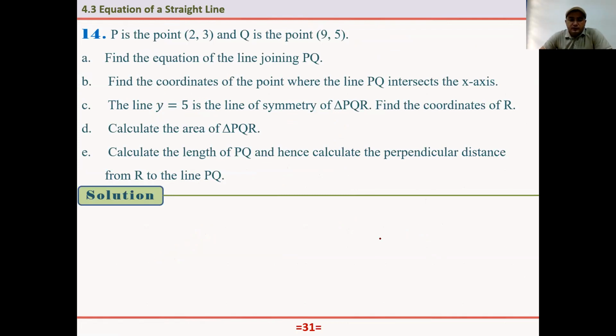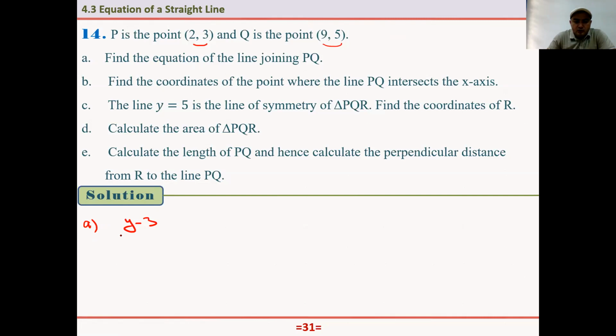P is a point 2, 3, and Q is a point 9, 5. Find the equation of the line joining PQ. Do we have space here? Good. So, okay, we can answer the question later. Question A, find the equation of the line joining PQ. What is it? y minus y1. Let's say this one is the first point, that's the second point.